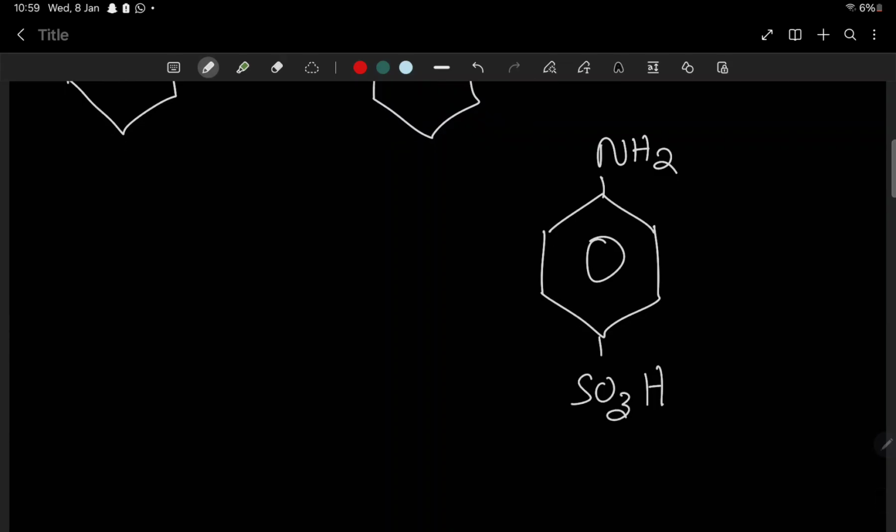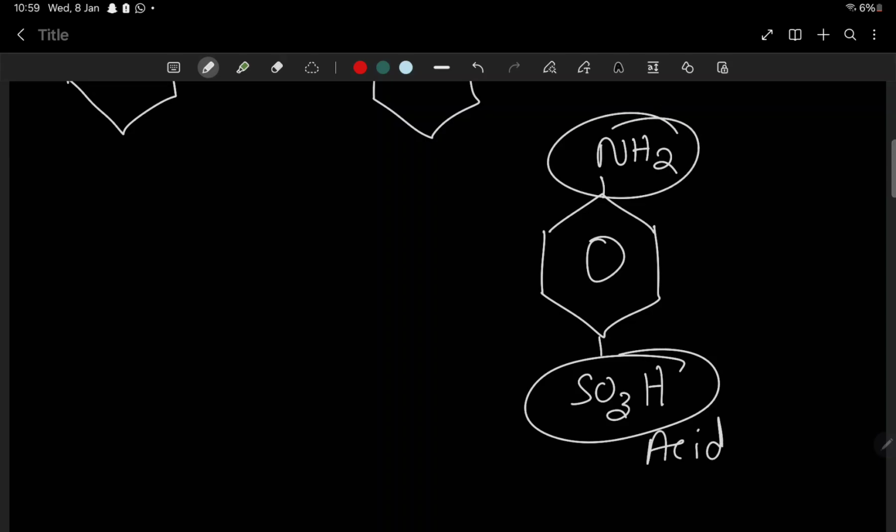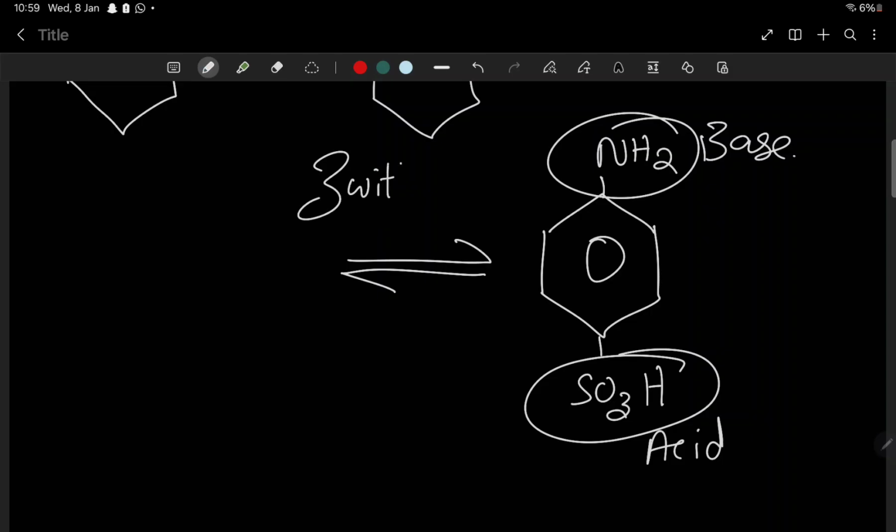The thing here is, this is acid, this is base. Acid and base are coming in the same ion. If acid and base are in the same ion, an effect happens, that is the Zwitter effect.